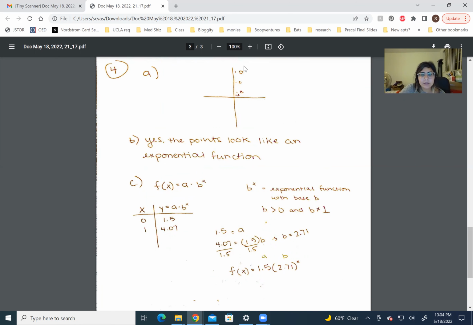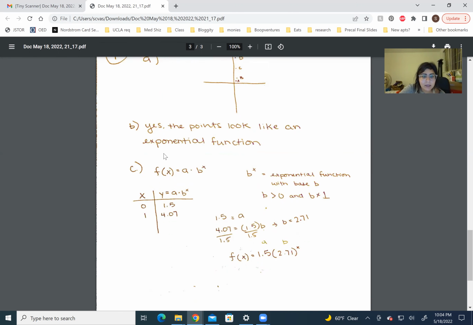So the points do look like an exponential function because the growth is exponential. You can see the difference between A and B versus B and C and C and D. It's definitely exponential growth. So for the equation, we were given to find A and B using f of x equals A times B to the x.